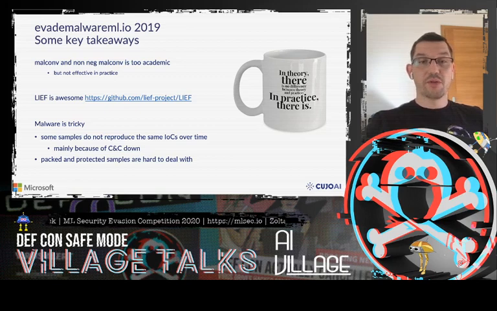And as is the case with malware, it is always tricky to deal with them. For example, some of the samples do not reproduce the same indicators of compromise over time. This can be because, for example, the command and control server is down, and dealing with packed and protected samples can be hard sometimes.